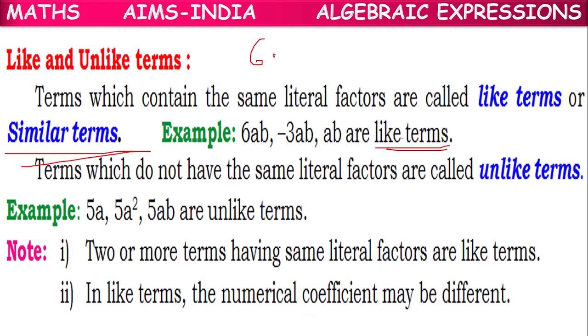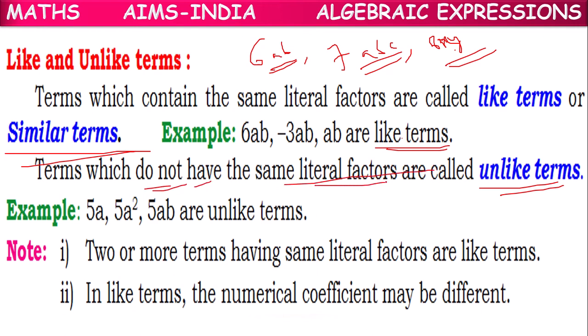Suppose you have 6ab, 7abc, 8xy. Here the literal factors are ab, here abc, here xy, meaning they have different literal factors. So they are considered unlike terms.